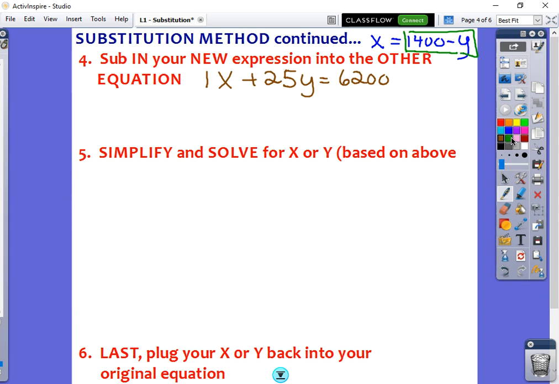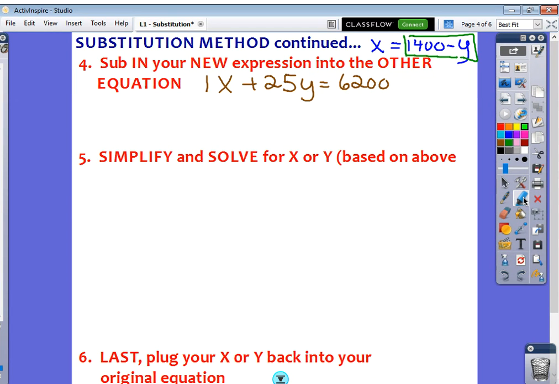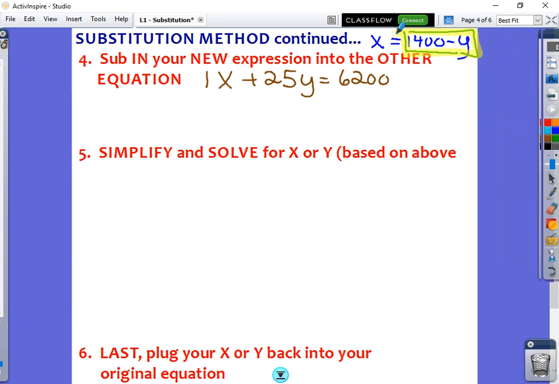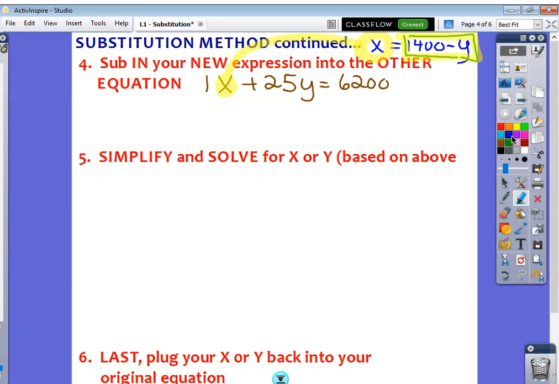And what we can do is take our new expression, 1,400 minus y, and because that's x, we can plug it in right here. So it's basically like a sports substitution where one player comes off the field and a new player comes onto the field in his or her place.